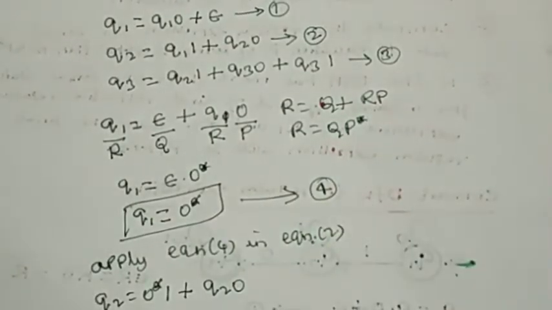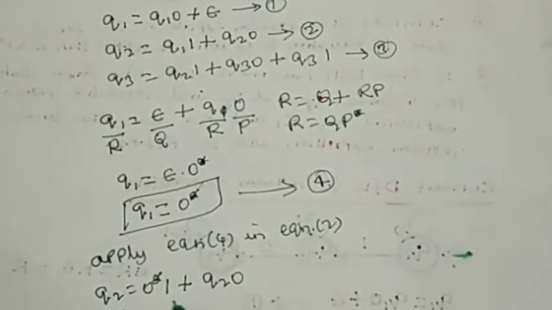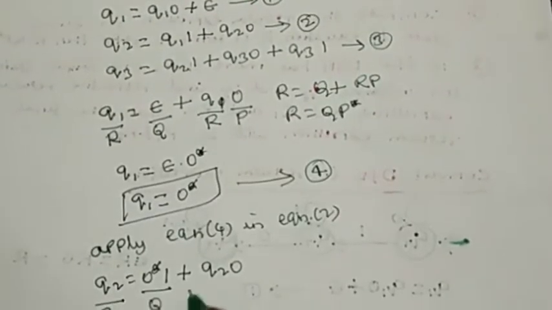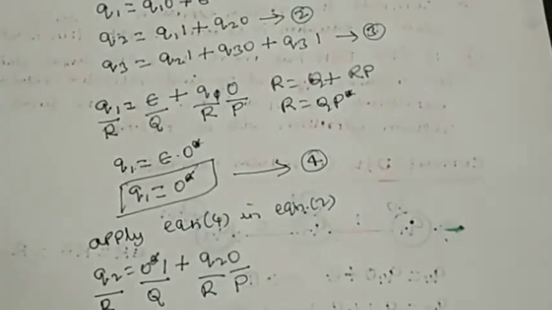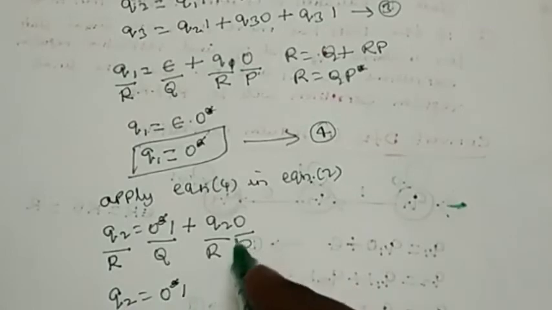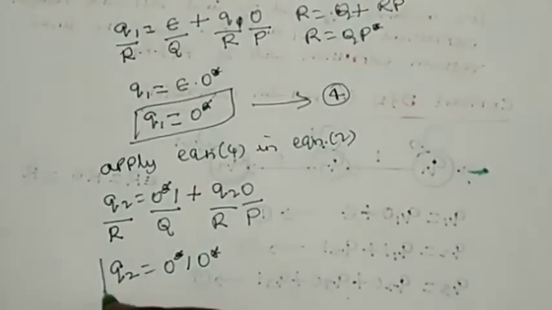Q2 is R, 0 star 1 is Q, Q2 is again R, and 0 is P. So rewriting the value of Q2, Q2 equals 0 star 1 0 star. This Q2 is equation number 5.